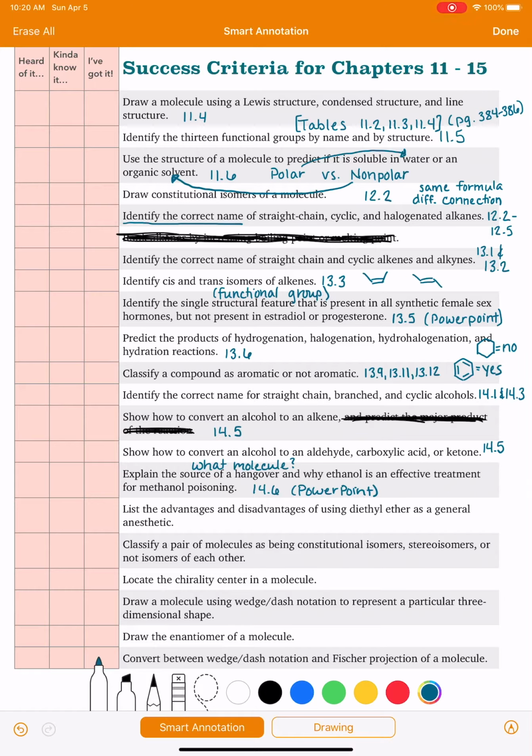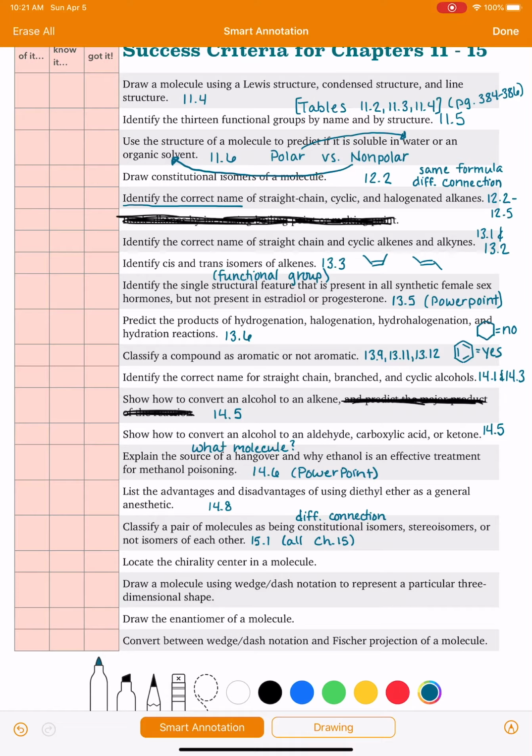Classify a pair of molecules as being constitutional isomers, stereoisomers, or not isomers. We started talking about that in section 15.1, and it just continued all the way through all of chapter 15. Constitutional isomers are going to have different connectivity, different connection of the atoms.